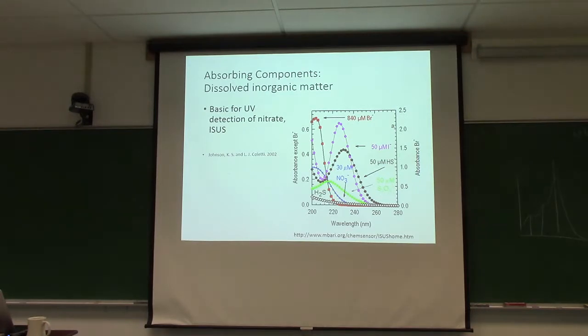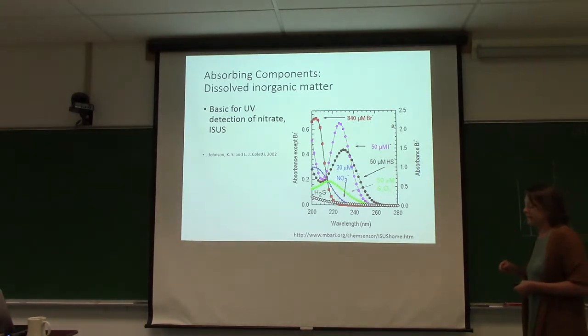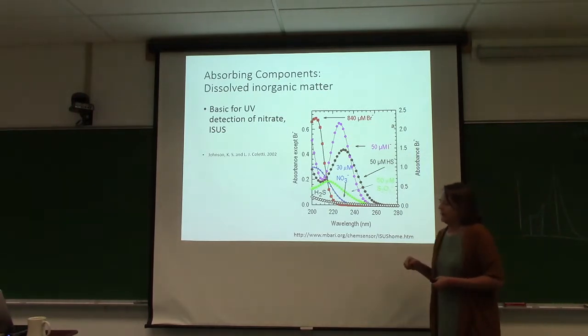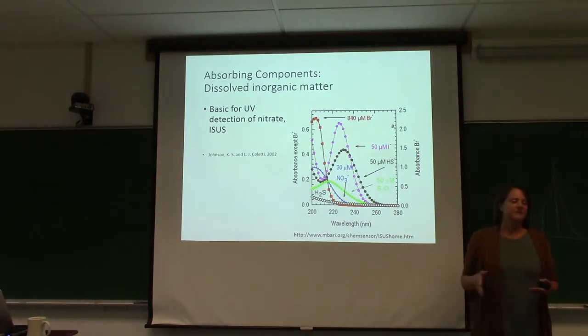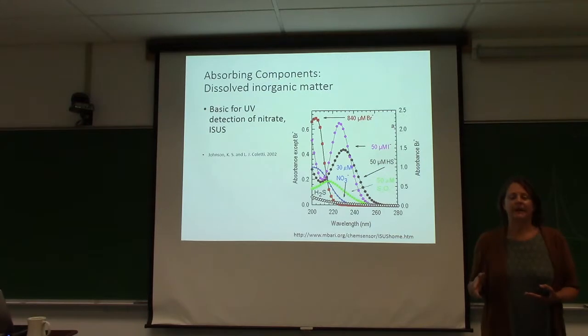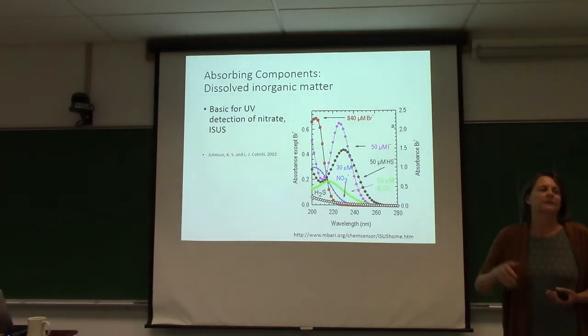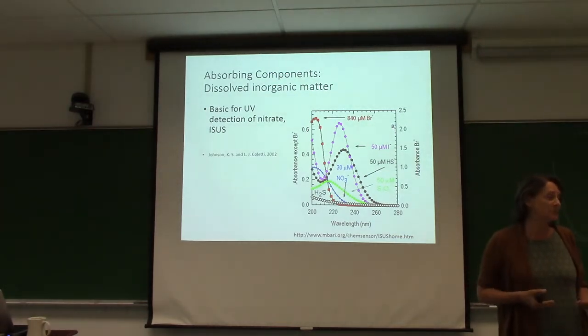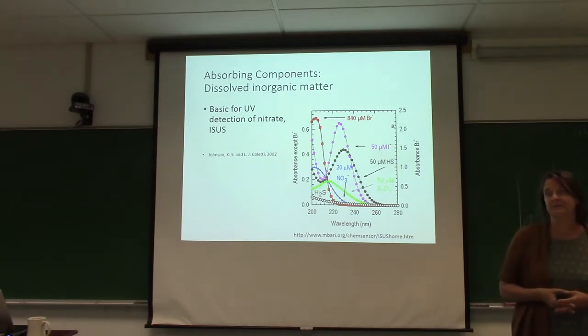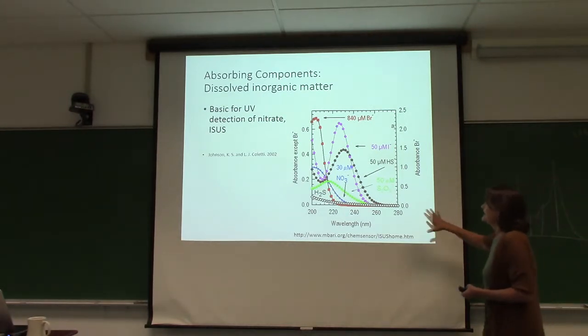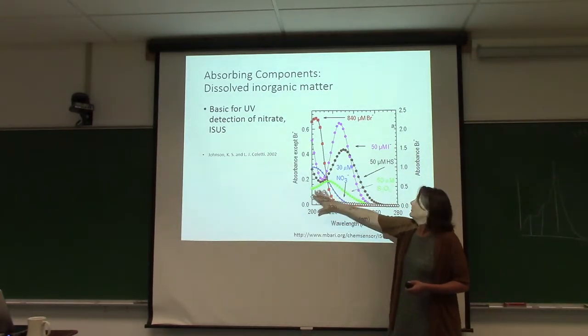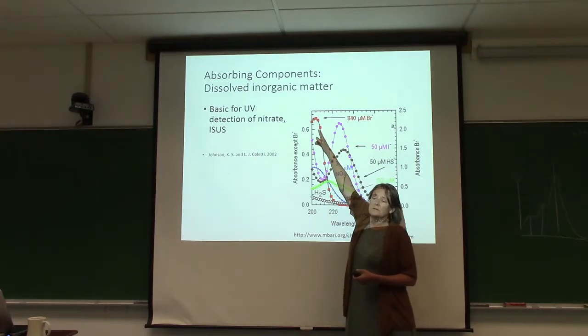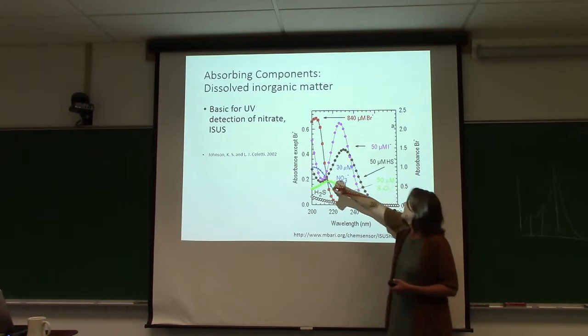All right. Dissolved organic matter, or actually this is dissolved inorganic matter. So we get pretty fast and loose with the term CDOM, colored dissolved organic matter. If it passes through a filter, it's CDOM. Well, it's not just organic material that passes through a filter, it's all the inorganics too. They tend to absorb in the UV. So bromine is one of the dominant absorbers. It's also one of the major contributors to salinity.